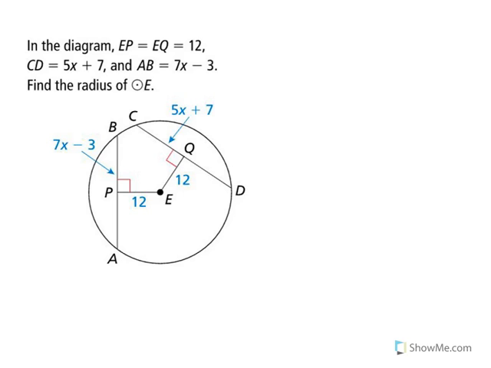So let me go back. Let me use these colors. So if we make a right triangle here, EC is a radius, right? So that's what we're trying to figure out, the radius.